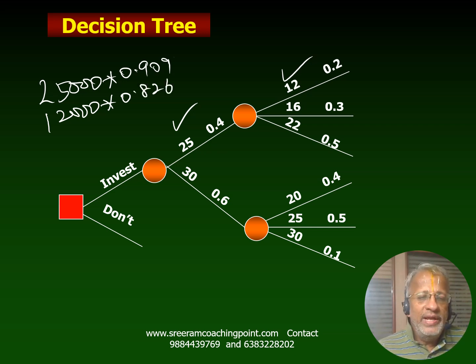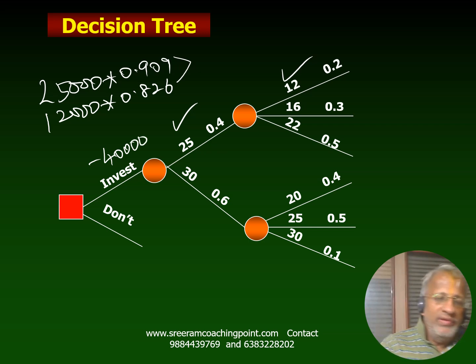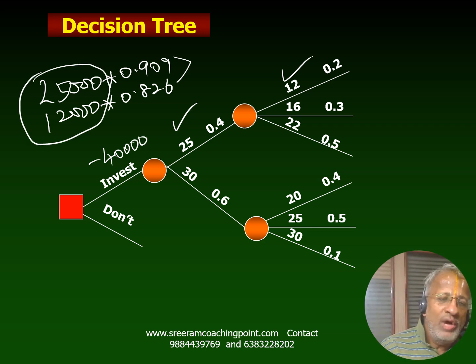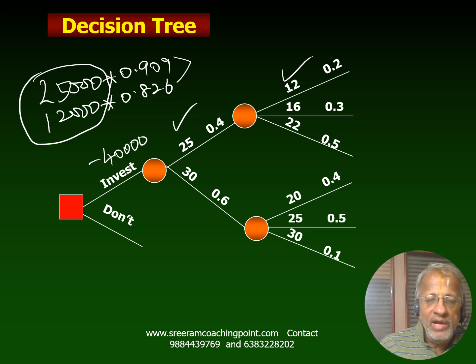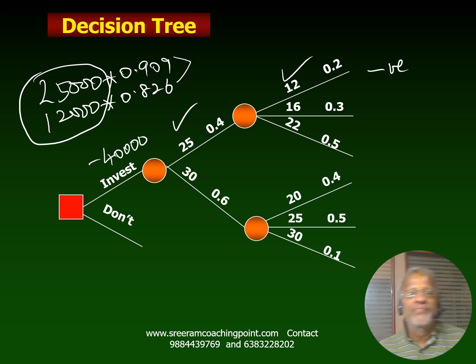So you will get a product, and the sum of the products should be compared with the investment that you make, which is 40,000. Even without discounting itself, you have only 37,000. By discounting the cash flows, these numbers would only come down, and this I can tell for sure is going to be a negative NPV.